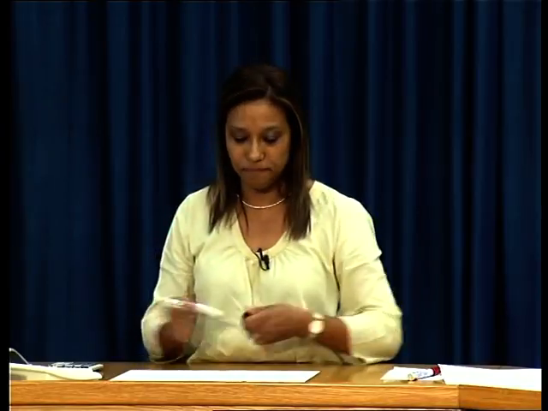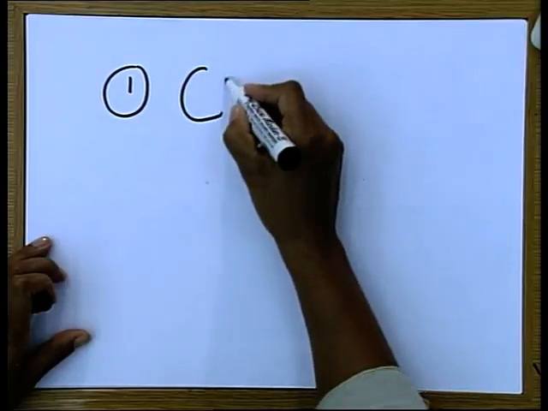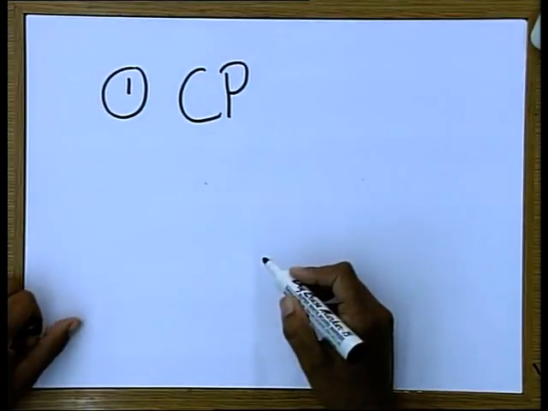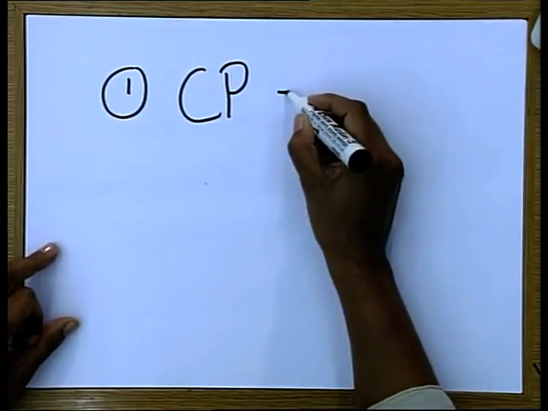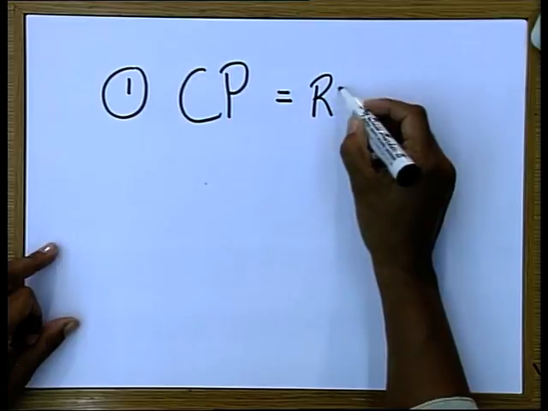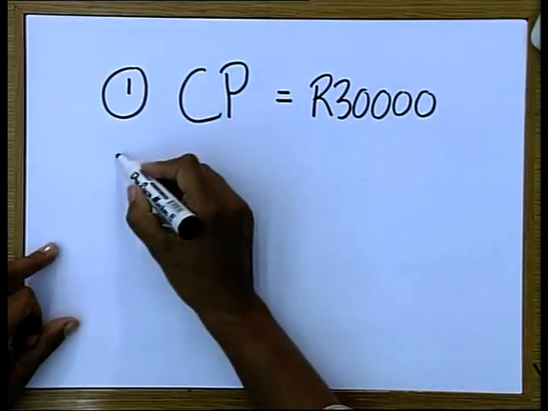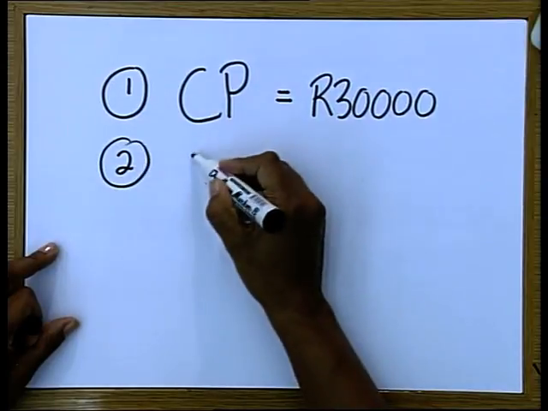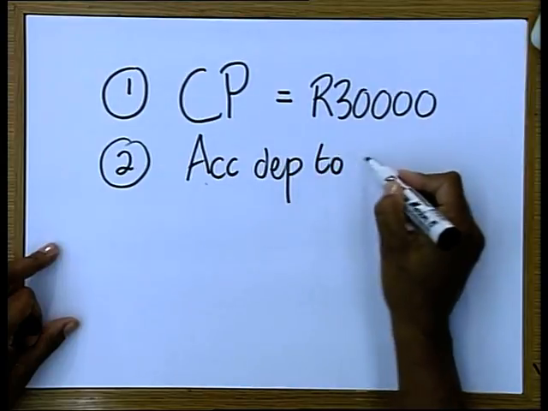Thirdly, there are 4 important things that you need to know before you can do asset disposal. Now, I'll write it down here. Firstly, you have to know the cost price. So you have to look for the cost price in the exercise. In this case, our exercise, it is 30,000. The second part you need to know is the accumulated depreciation to date of sale.